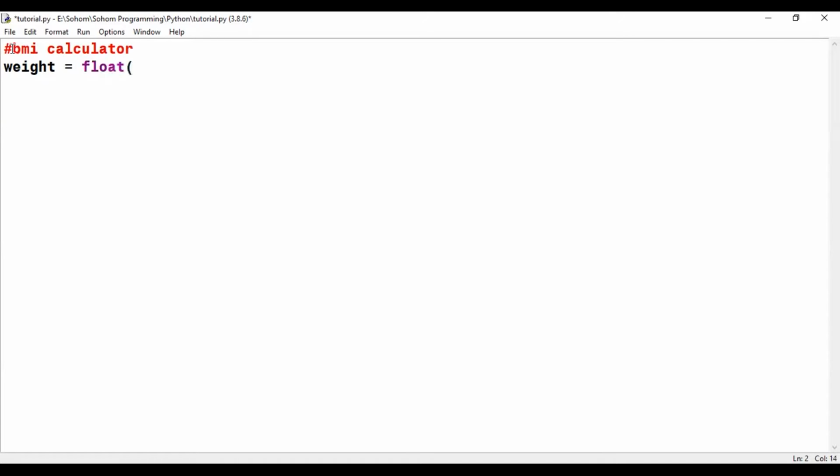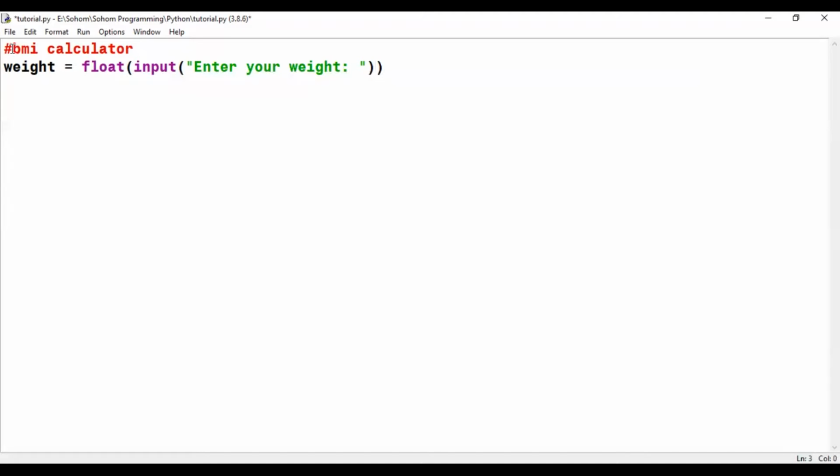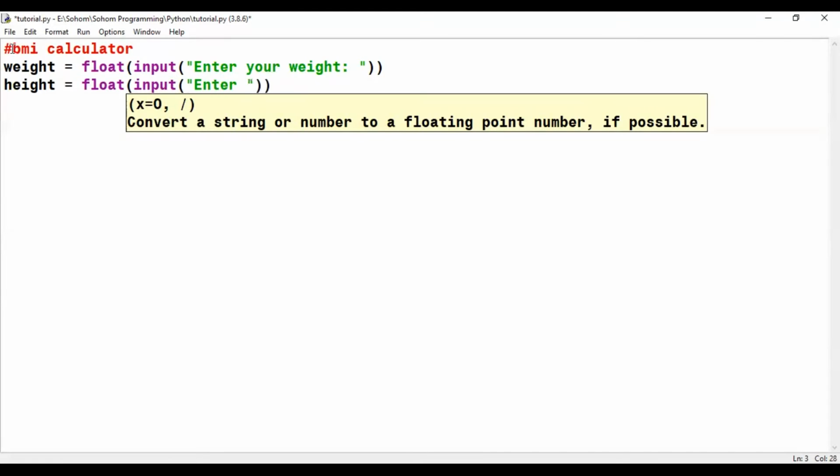I'm just going to write here an input which takes input of float, that is a decimal point, and I'm going to write here enter your weight. After that I'm going to write height is equal to float, and input which will say enter your height.